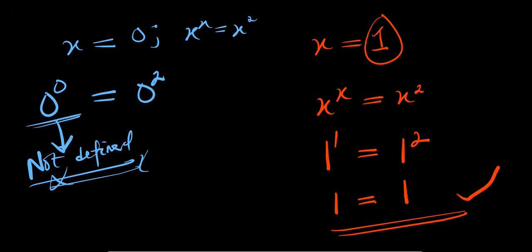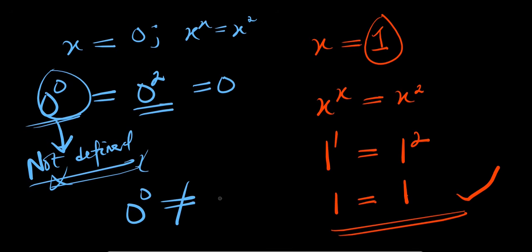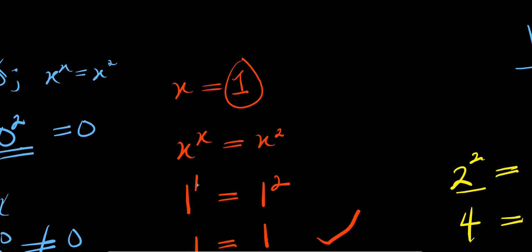And 0 power 2 is obviously 0. 0 power 0 is not the same as 0. So this makes this particular solution not correct. In fact, it's not actually a solution, so don't even go there.